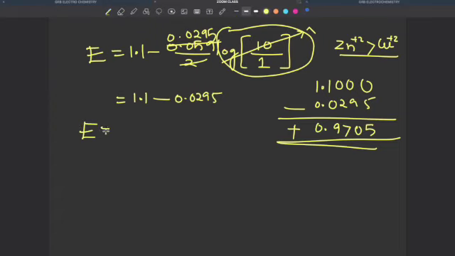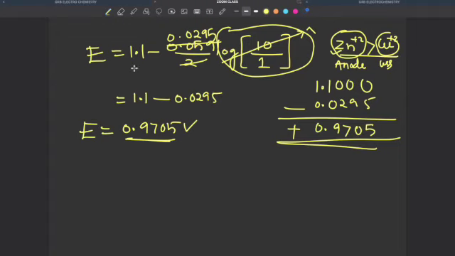So E of the cell now becomes 0.9705. See, the volts have come down. What condition have I taken here? The concentration of zinc, which is the anode, I took higher, and the cathode concentration lower. So the E value is less than E naught cell.